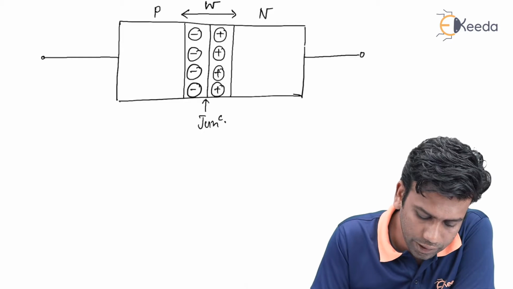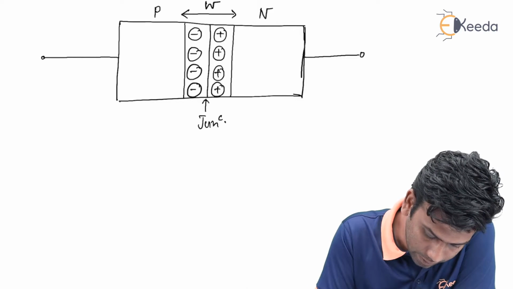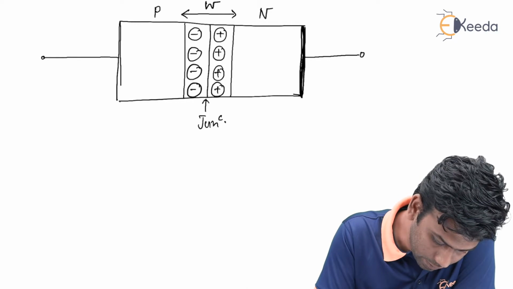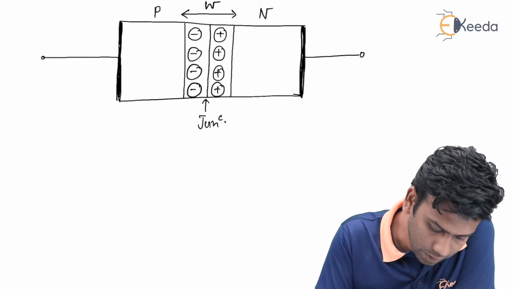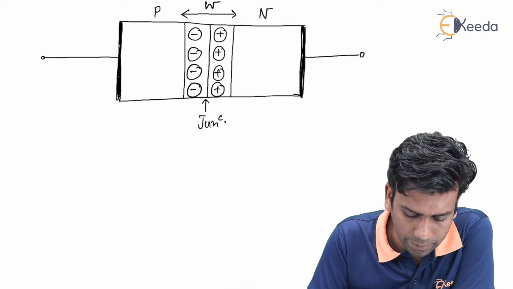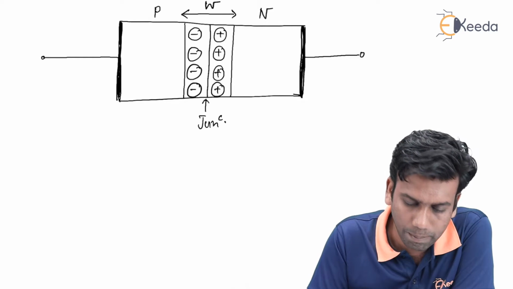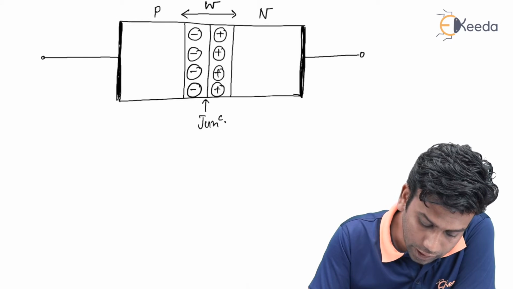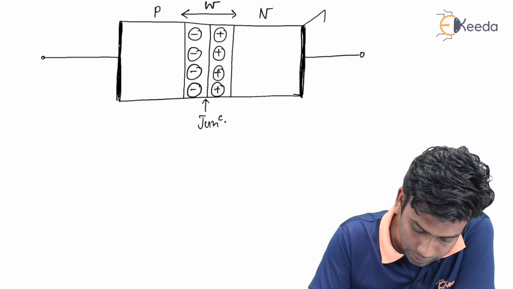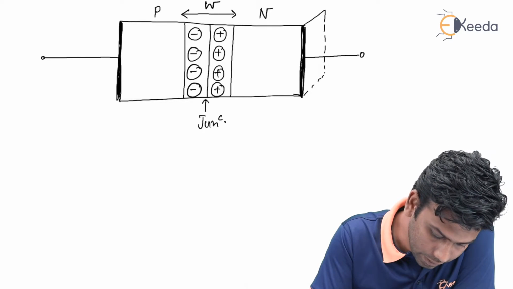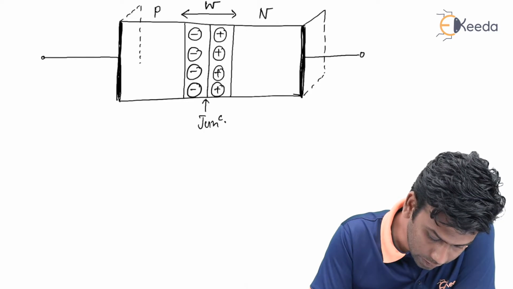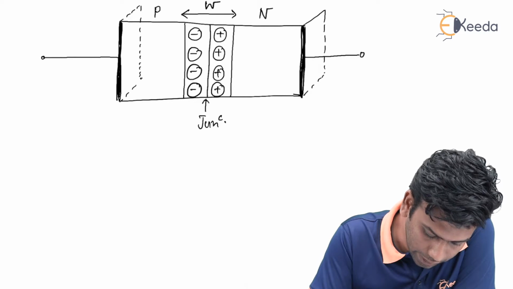That is, if we take this metal connection, then between the two metal plates, if we draw the 3D diagram, it will look like this.